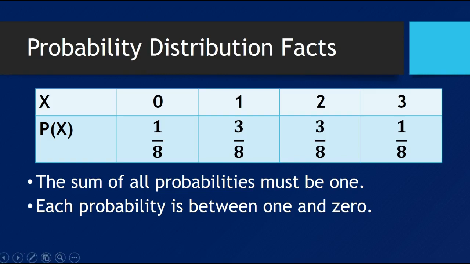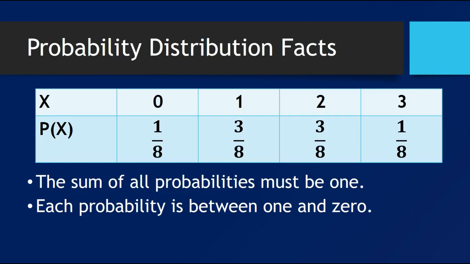Now obviously the outcomes, the variables, we have a variable which is 3. Obviously the variable itself doesn't have to be between 0 and 1, but the probabilities do. So all the probabilities have to be between 0 and 1, and we have that in this probability distribution.